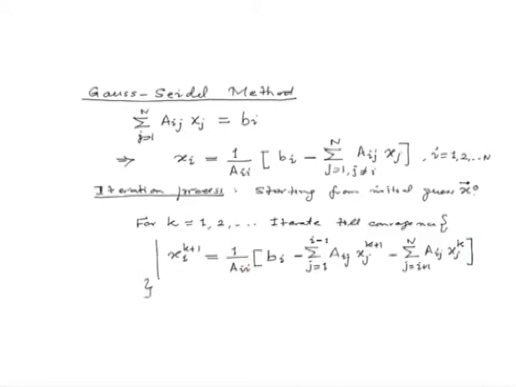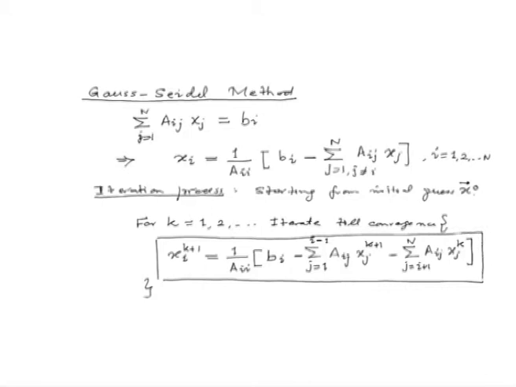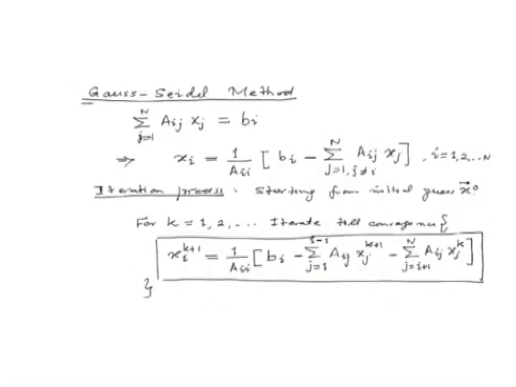So this simple modification to Jacobi's algorithm leads to a rate of convergence which is slightly faster than Jacobi's method, and this is what is our celebrated Gauss-Seidel method.